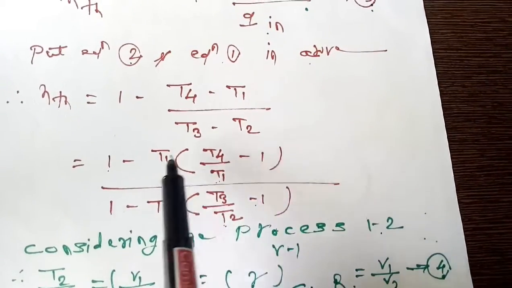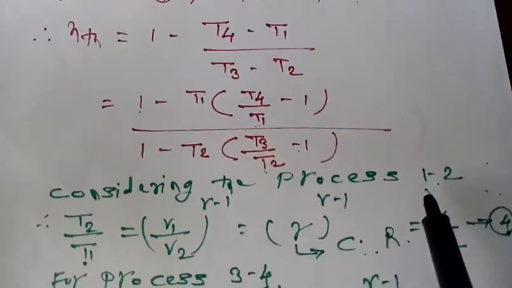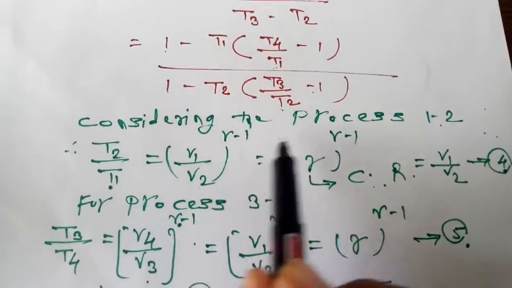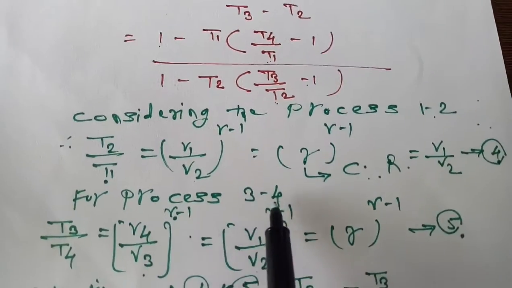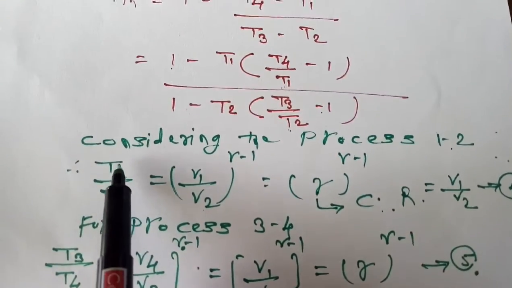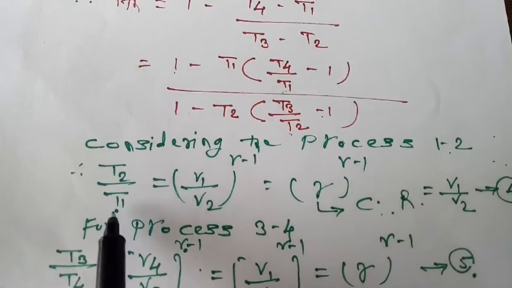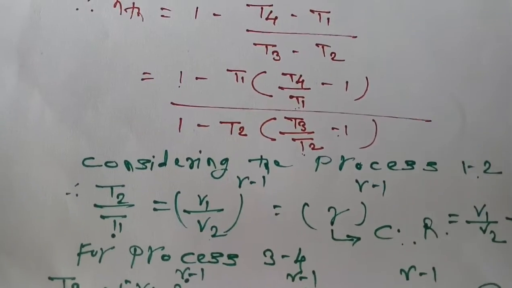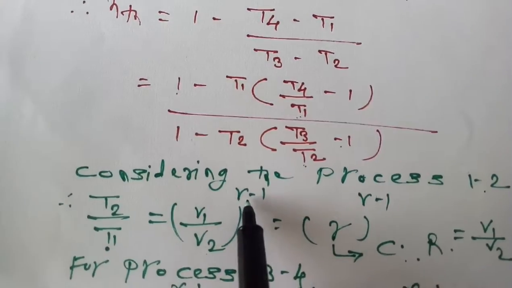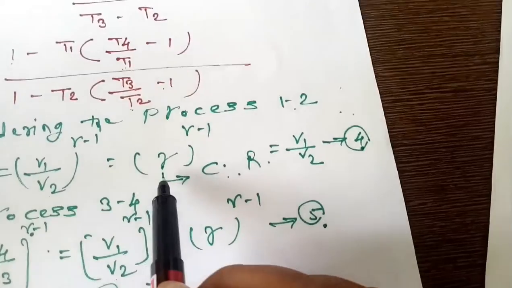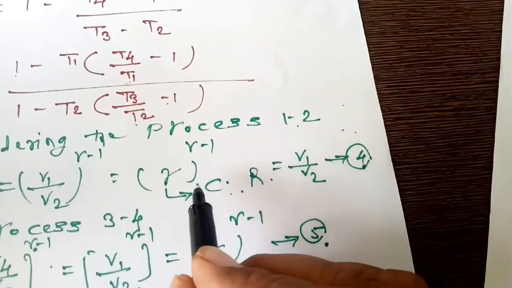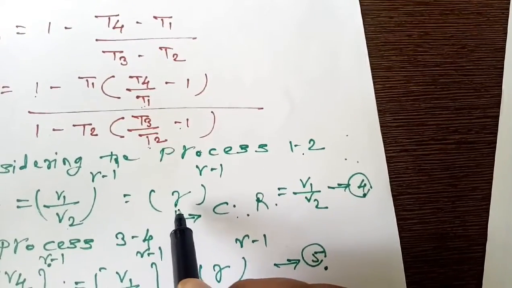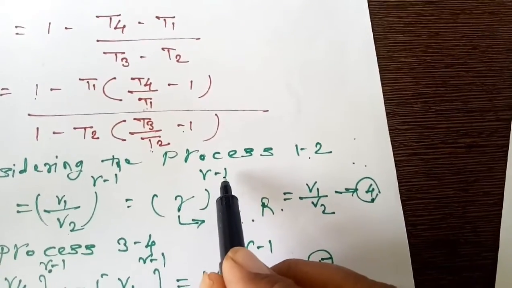these temperature factors. So here we just have to use the simple thermodynamic relations for the process 1-2 and for the process 3-4. For the process 1-2, T2 by T1 is equal to (V1 by V2) to the power gamma minus 1, and V1 by V2 is nothing but the compression ratio of the cycle, which we can express as a small r, to the power gamma minus 1.